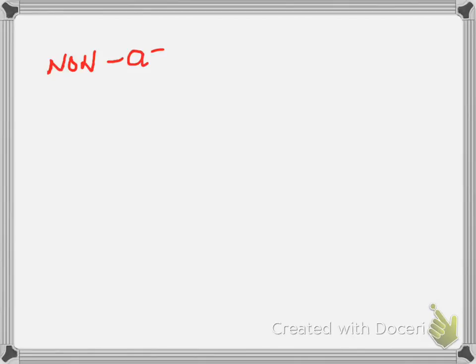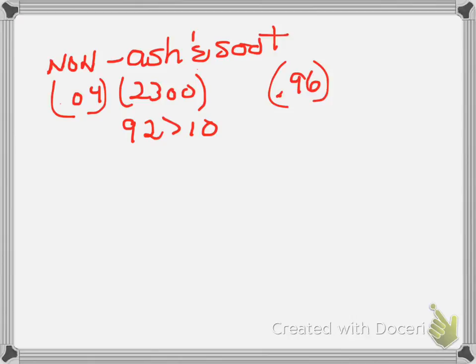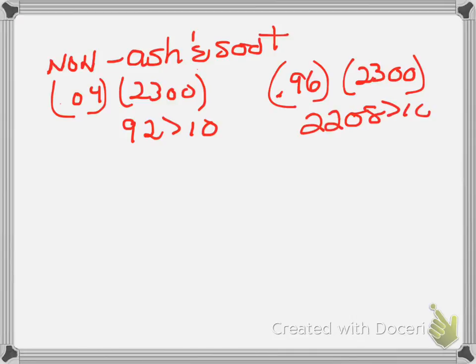Non-ash and soot. So this is 0.04 times 2300. This gives me 92, which is greater than 10, and this is 0.96 times 2300, which gives 2208, greater than 10.